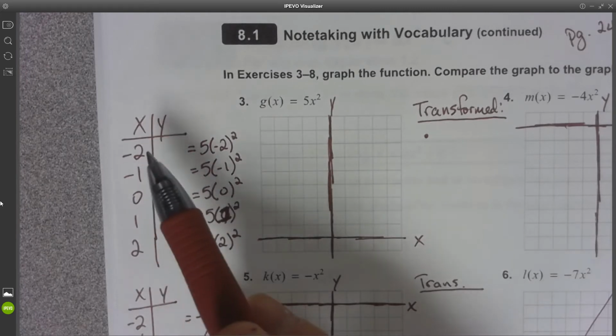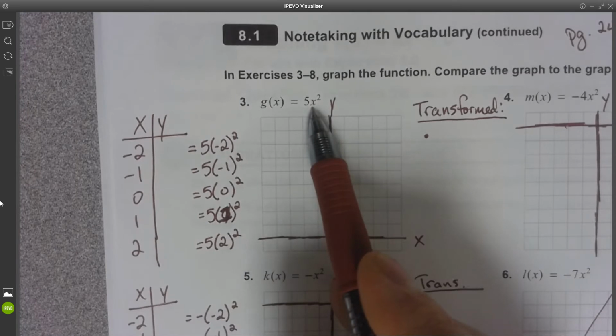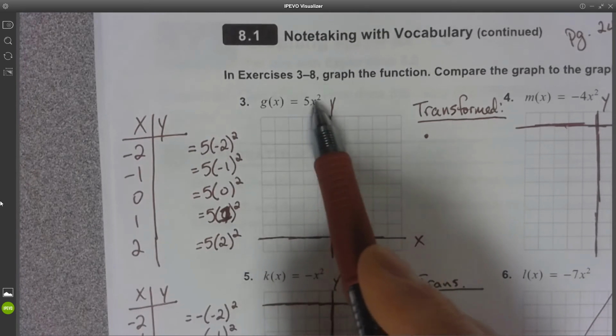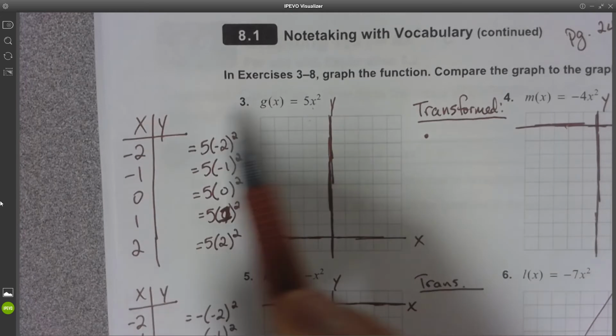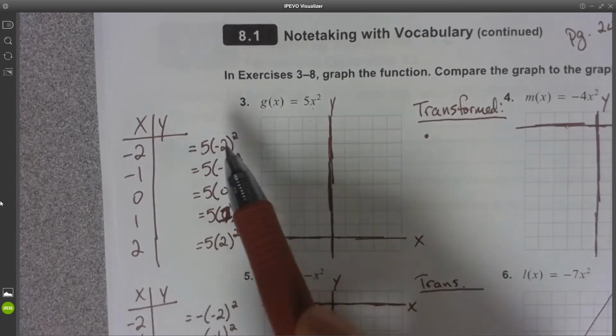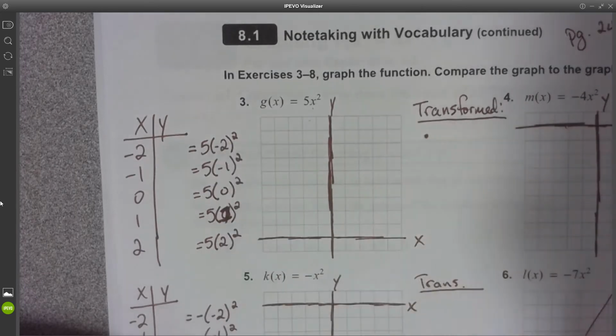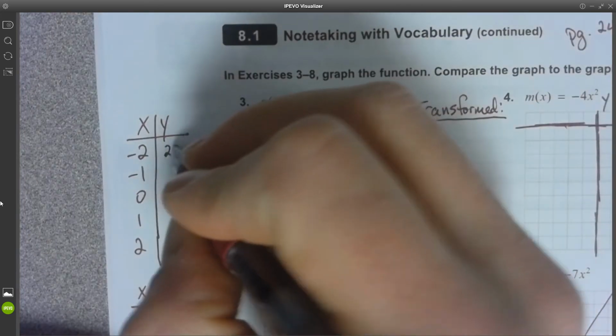Then we're taking this x value and substituting it into the function for x. So for -2, I'd replace x with -2. If you're doing this in your head, just think -2 to the second means -2 times -2, so that's +4. +4 times 5 is 20.